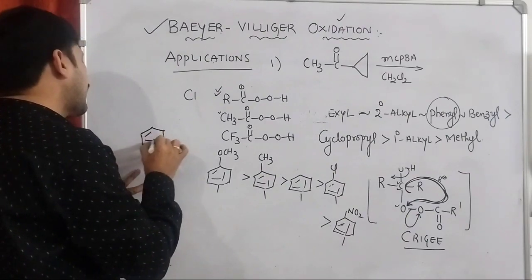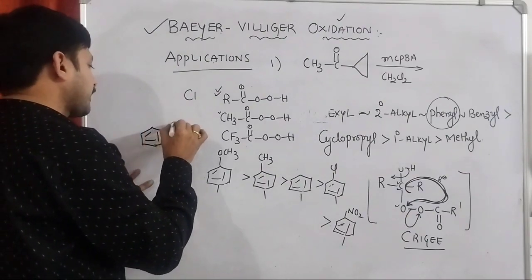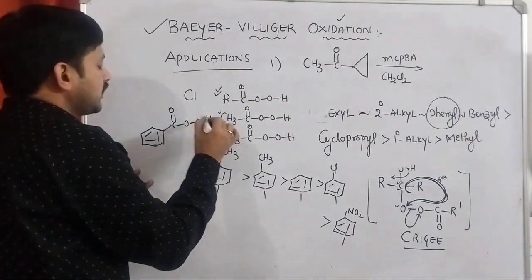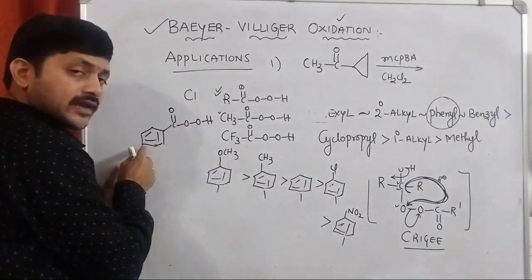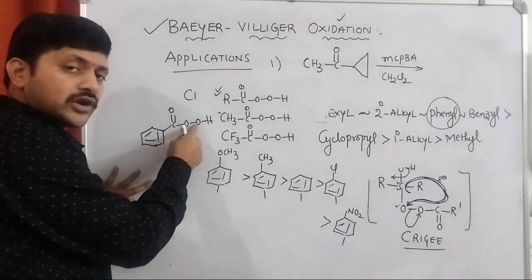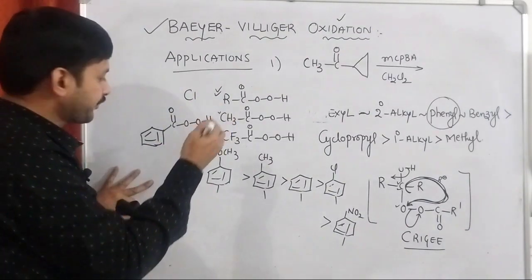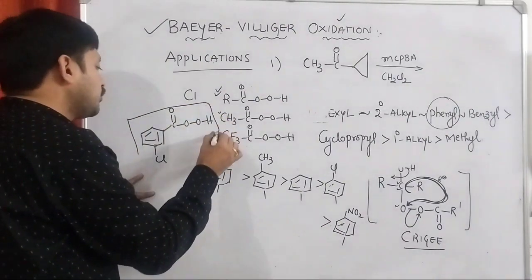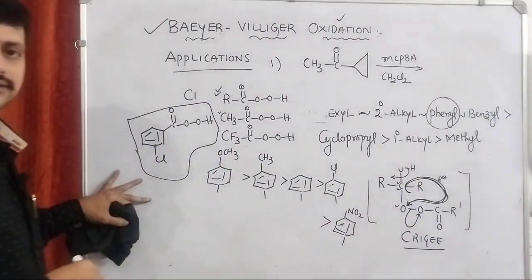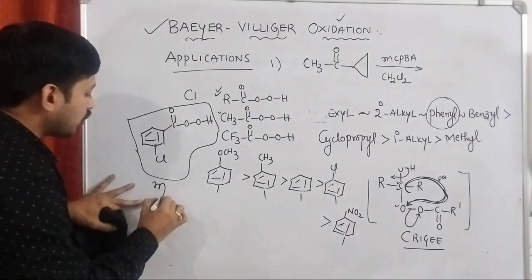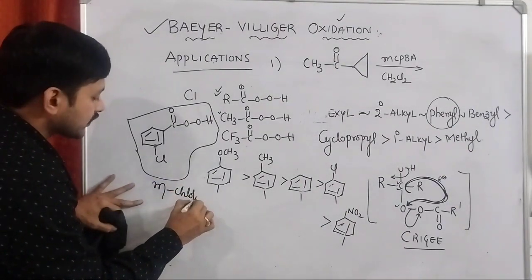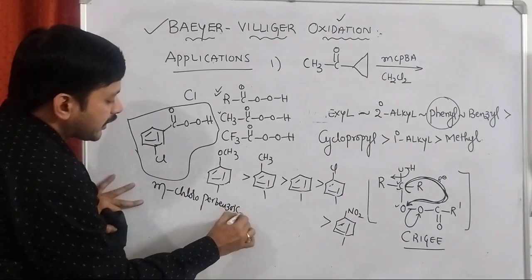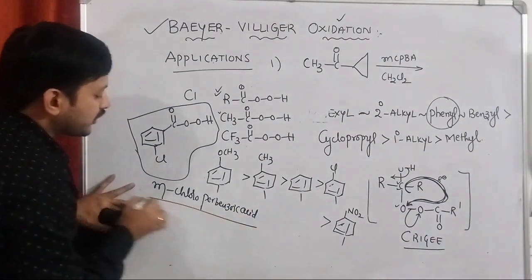Similarly, if you remove the oxygen, that is benzoic acid. So in presence of oxygen, that is perbenzoic acid. In most of the cases, people are using this particular acid: metachloroperbenzoic acid.